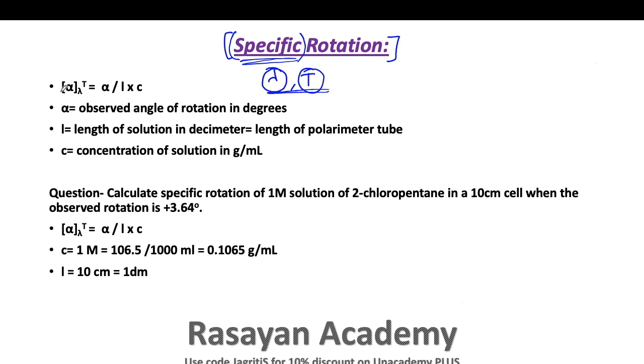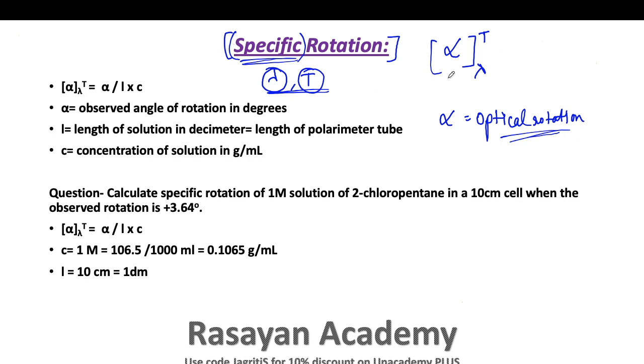All right. So yes, it is represented as alpha with lambda constant and temperature constant. It's mentioned like this, specific rotation. Okay. And your optical rotation is just mentioned like this, alpha. Alright, so this is your optical rotation, simple.